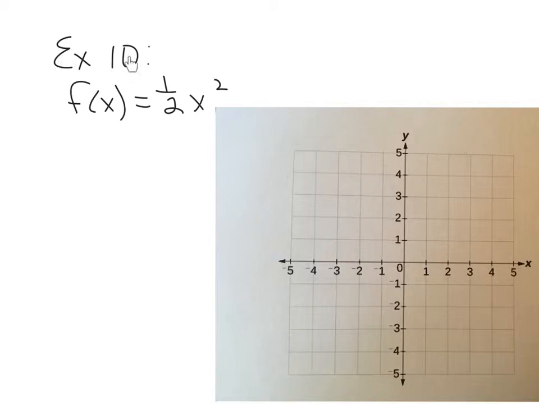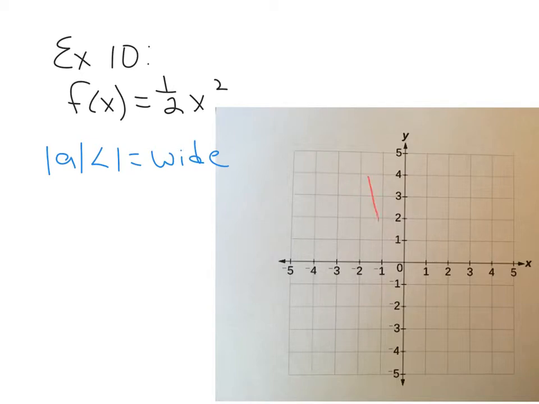All right, example 10 asks us to graph f of x equals 1/2 x squared, and here we have the coefficient that's less than 1. When the coefficient of x squared is less than 1, this will be wider than the standard. So we'll first draw our standard in red.